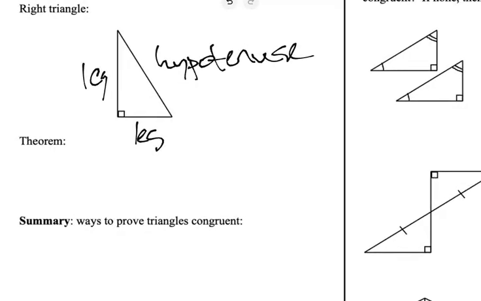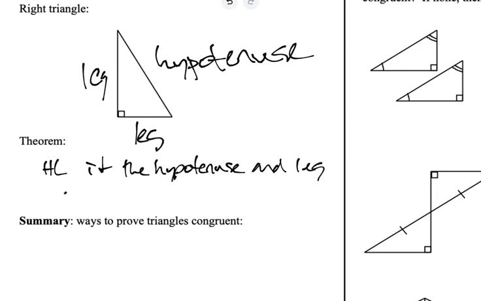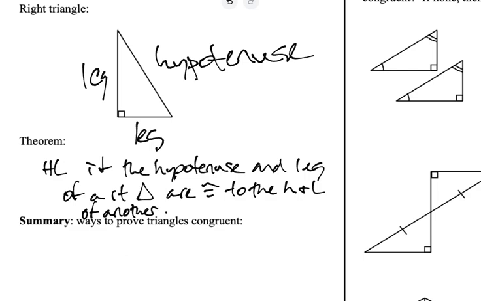Our theorem here for hypotenuse leg, which we'll shorten HL, is that if the hypotenuse and leg of a right triangle are congruent to the hypotenuse and leg of another triangle, the triangles are congruent.